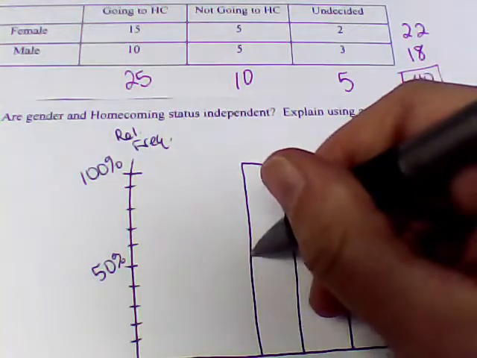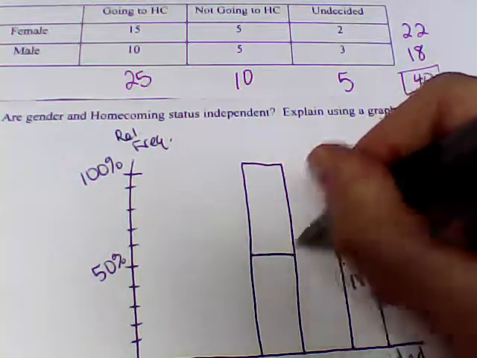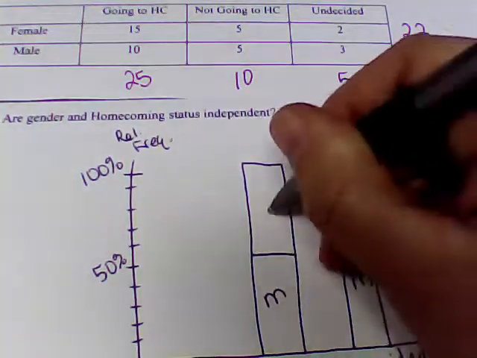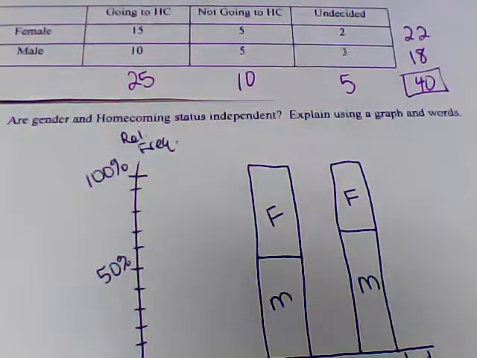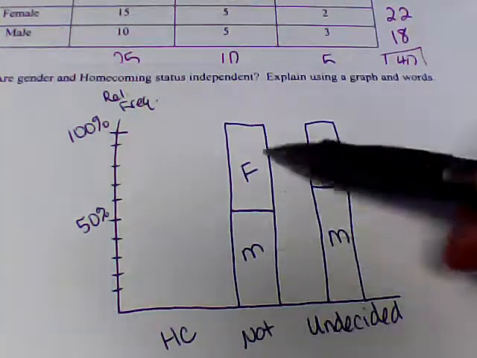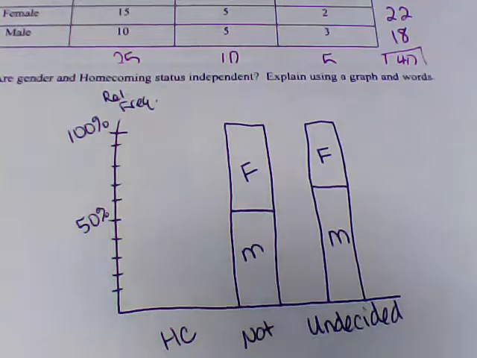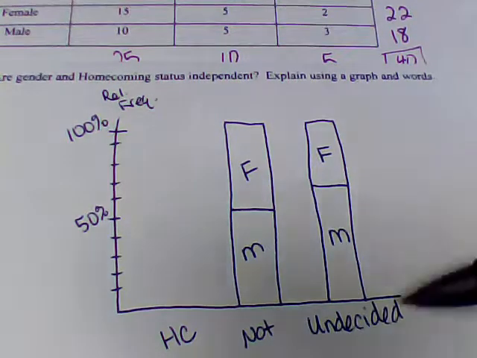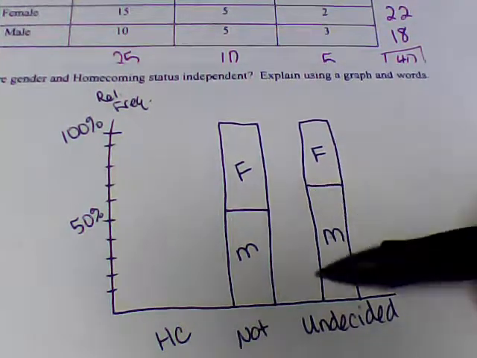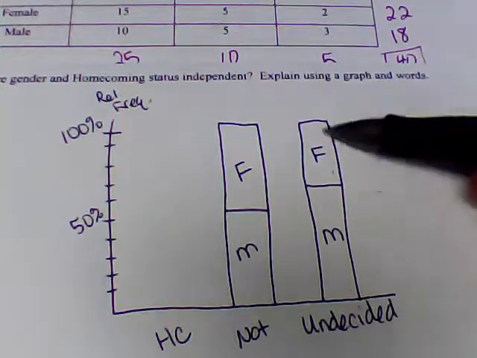So I'd go right here at my 50%, and I'd draw the line there. So these are males and these are females. Within my not going to homecoming bar, we're split evenly on gender. Whereas people that are undecided on homecoming, based on this graph, are more likely to be male than female.